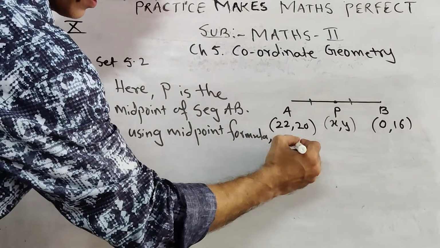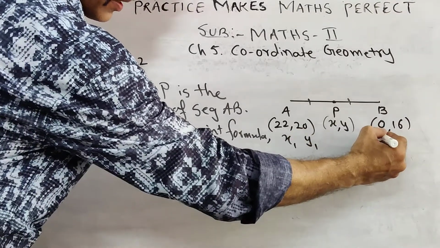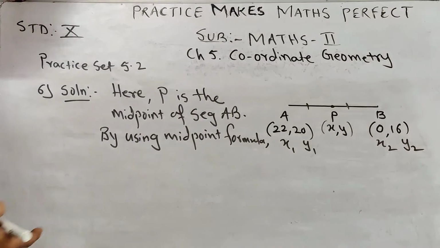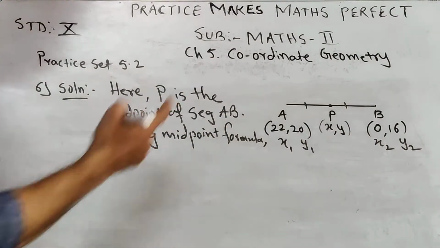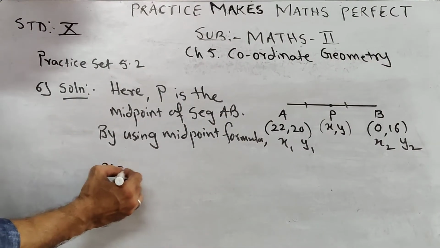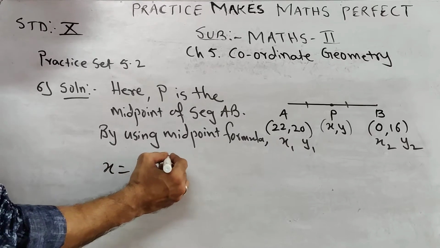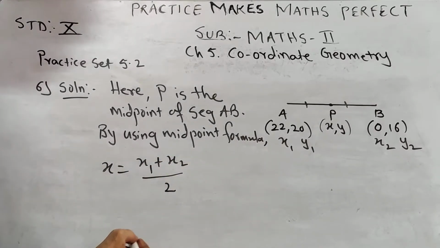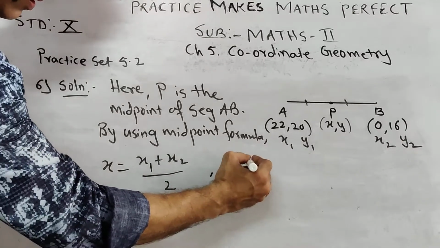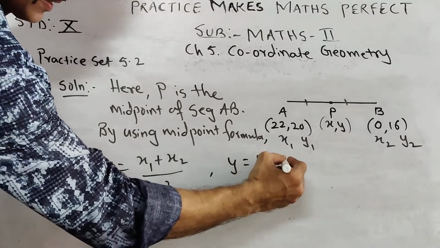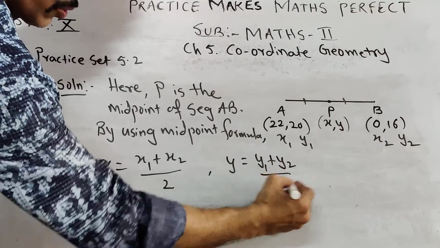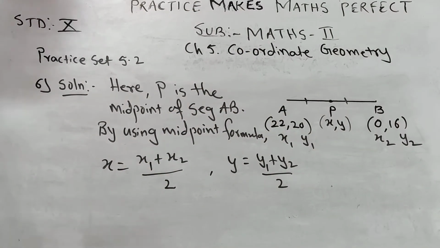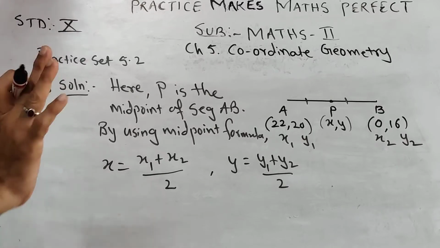This is x1, this is y1, this is x2, this is y2, and you have to find x, y. By the midpoint formula, x is equal to (x1 + x2) upon 2, and y is equal to (y1 + y2) upon 2. You know this midpoint formula. It is the easiest formula.